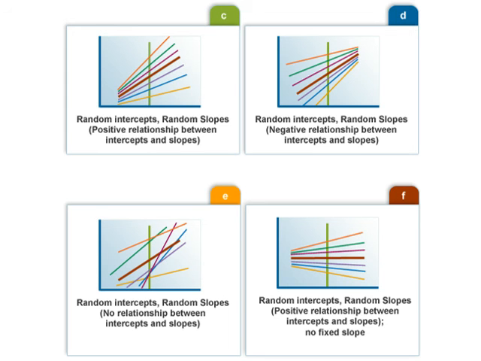E is about random intercepts, random slopes. So the example here is that there's no relationship between intercepts and slopes. It's random. And then F is random intercepts, random slopes. And there's a positive relationship between intercepts and slopes here with no fixed slope.